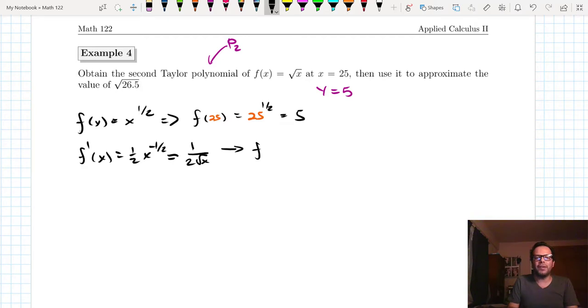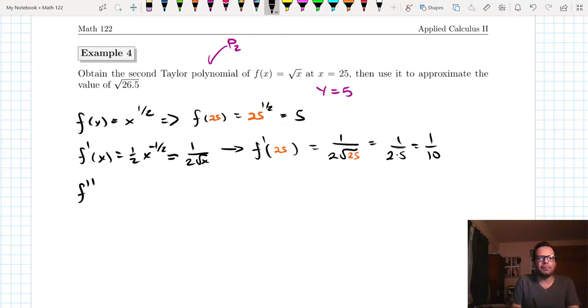Now we are going to evaluate the first derivative at x equals 25. We already did it. Let's do it again. 25. This will be 2 times 5 in the denominator. That's 1/10. Let's take f double prime.